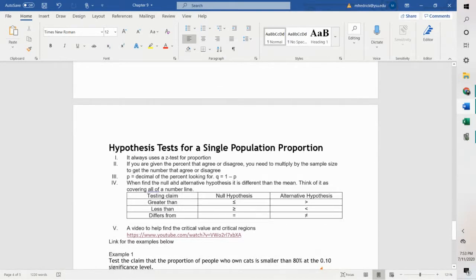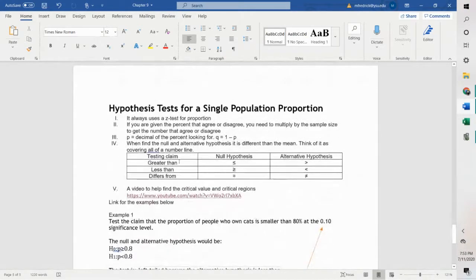P is the decimal of your percent, and Q is 1 minus P, and we've used that before for the confidence intervals. But the main thing when you're testing a claim, unlike the mean where the null hypothesis is always equal to, it could be less than or equal to, greater than or equal to, or equal to.